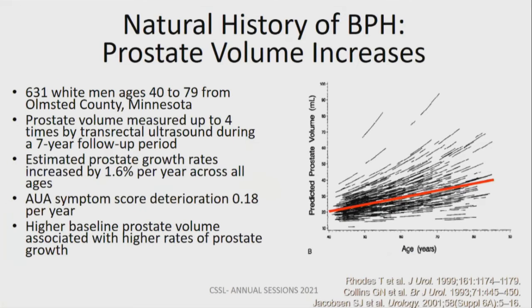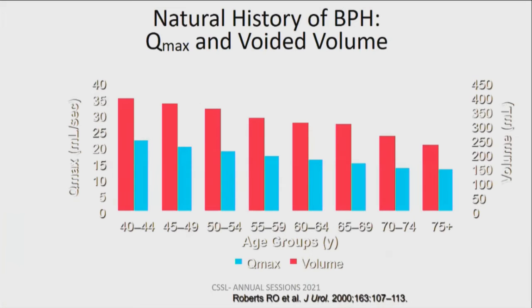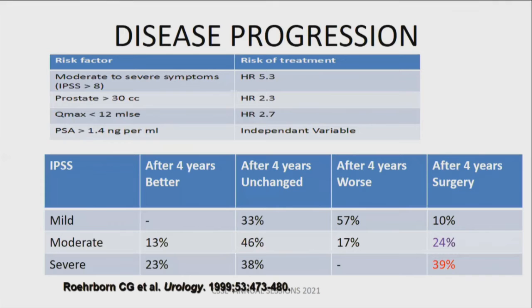Prostate enlargement is a process of aging. So when the patient gets older, there is an increment in the size of the prostate, and there is a deterioration of the symptom score, as well as a reduction in maximum flow rate and voided volume. Again, the risk of disease progression is related to prostate size, maximum flow rate, PSA level, and the symptom score.